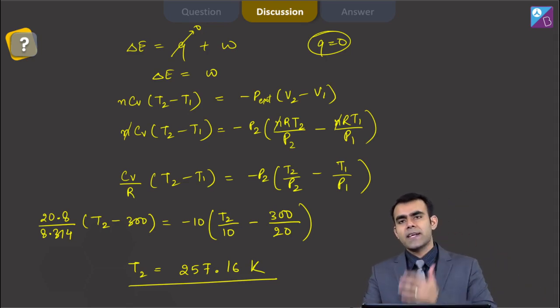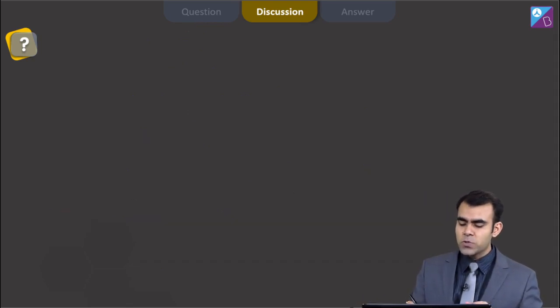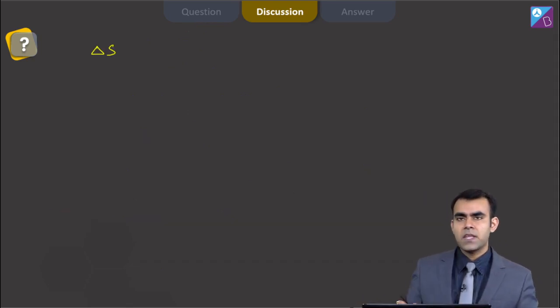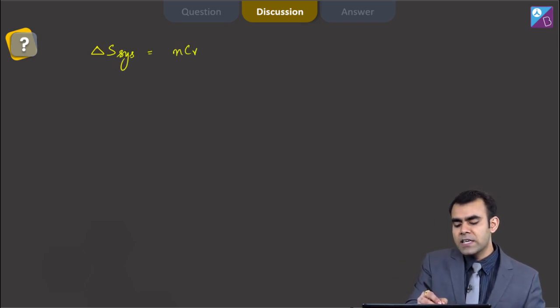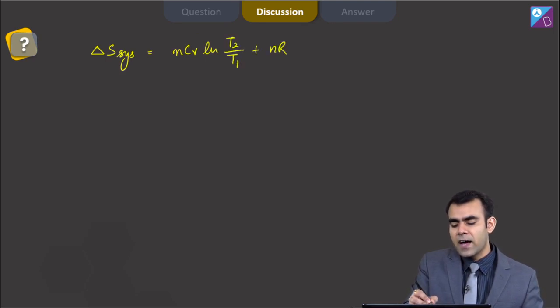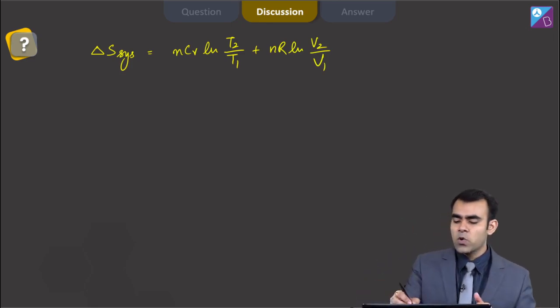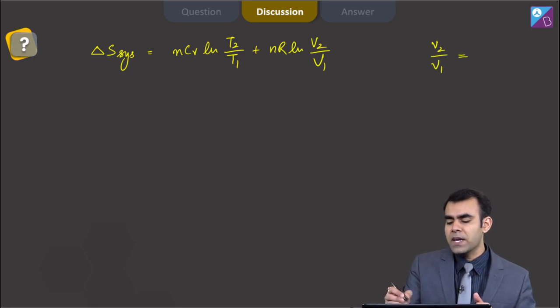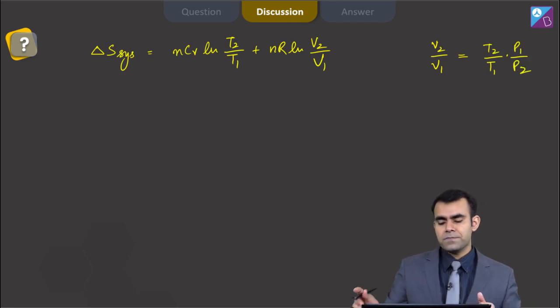As I told you, the temperature has decreased. After that, we need to calculate delta S. The formula for delta S system is nCv ln(T2 by T1) plus nR ln(V2 by V1). We do not know the volume relationship, but V2 by V1 can be written as T2 by T1 times P1 by P2.